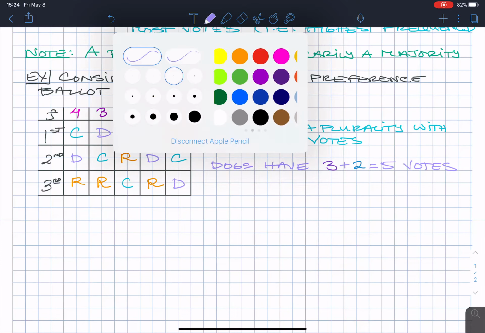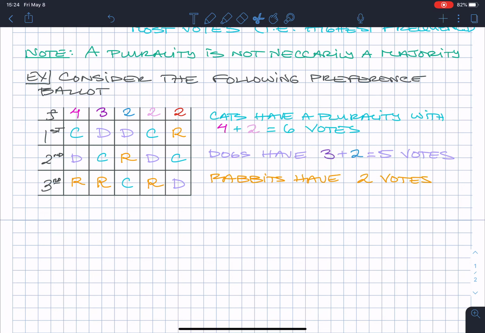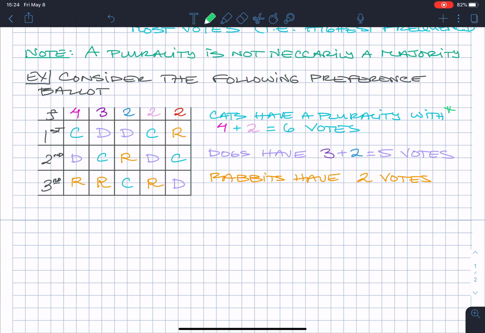And then rabbits have 2 votes, right? So a note about this. Let me actually move this up, and I'll put an asterisk. So let's note the total votes is 6 plus 5 is 11 plus 2 is 13.